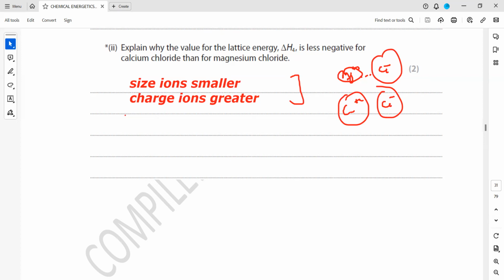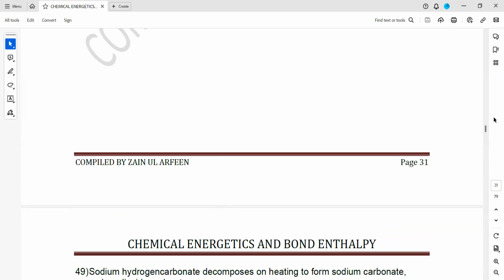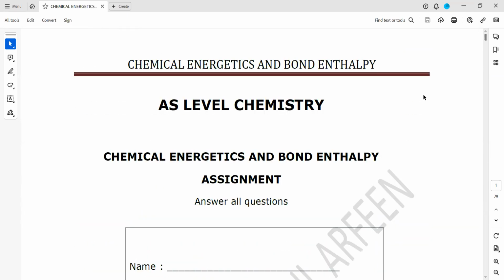So the lattice energy depends on the size of the ions and the charge of the ions. The size of the ions should be as small as possible, and the charge on the ion should be as large as possible. So this was question 48 from chemical energetics and bond enthalpy.